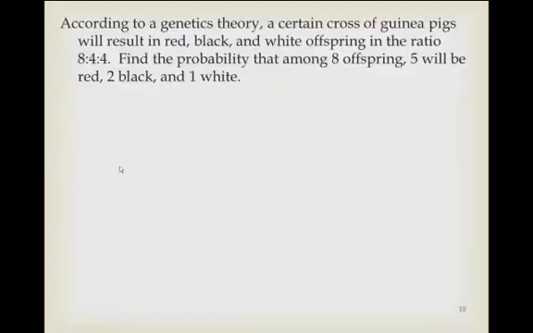According to genetics theory, a certain cross of guinea pigs will result in red, black, and white offspring in the ratio of 8 to 4 to 4. We've kind of already seen this. Find the probability that among the 8 offspring, 5 will be red, 2 black, and 1 white. We'll write down the multinomial here so we've got it handy.